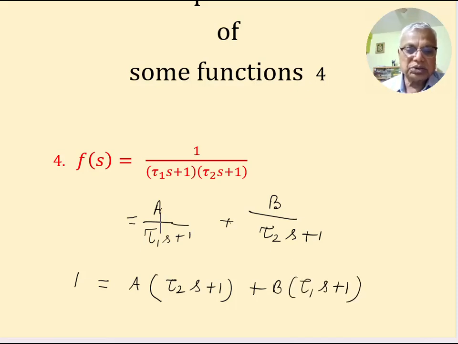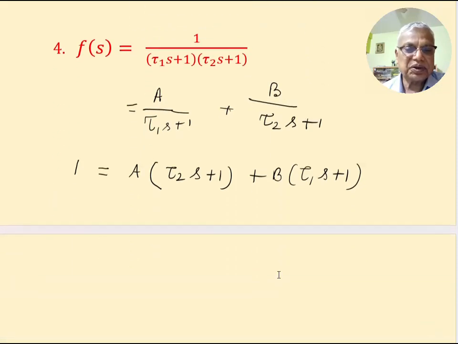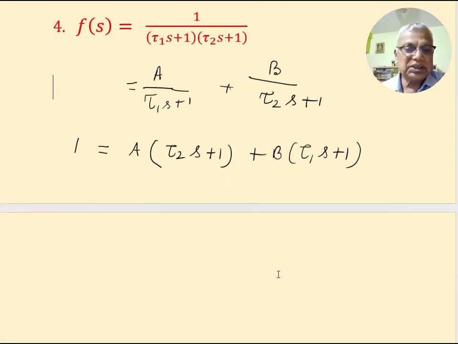Now what do we substitute? So let us substitute first. Put s equal to minus 1 by tau 1. So if you put s equal to minus 1 by tau 1, the second term becomes 0, because tau 1 s plus 1 then becomes 0.